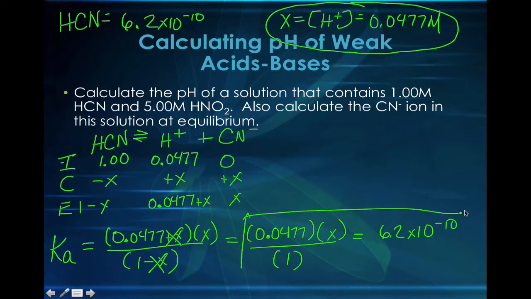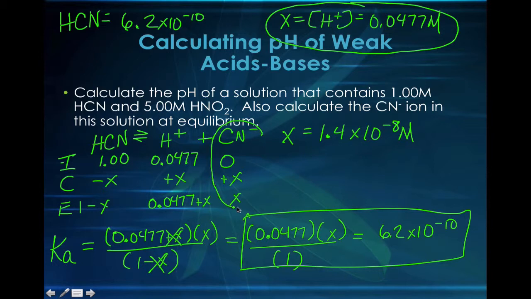When I solve this for my new x, I get 1.4 times 10 to the negative 8th. That new x is the CN minus ion concentration. So there's your final answer for that one.